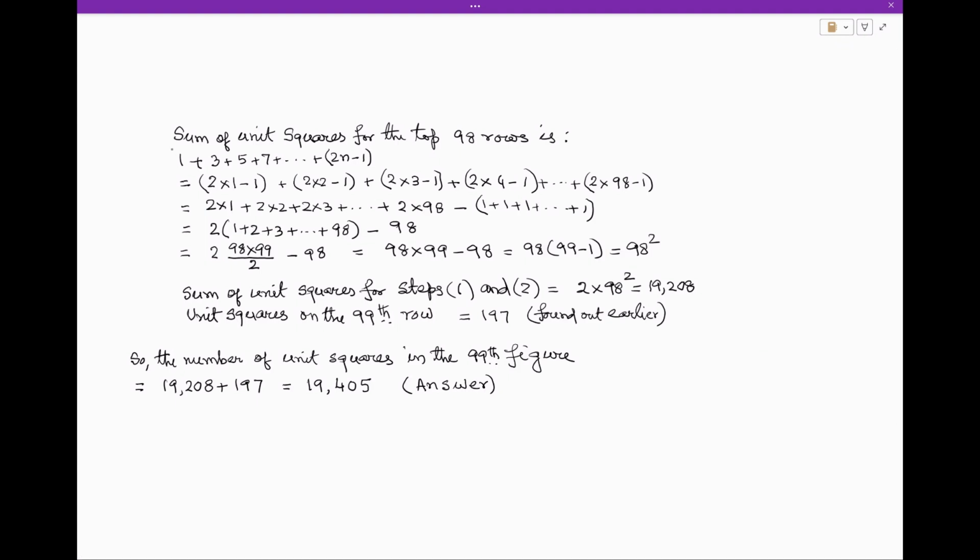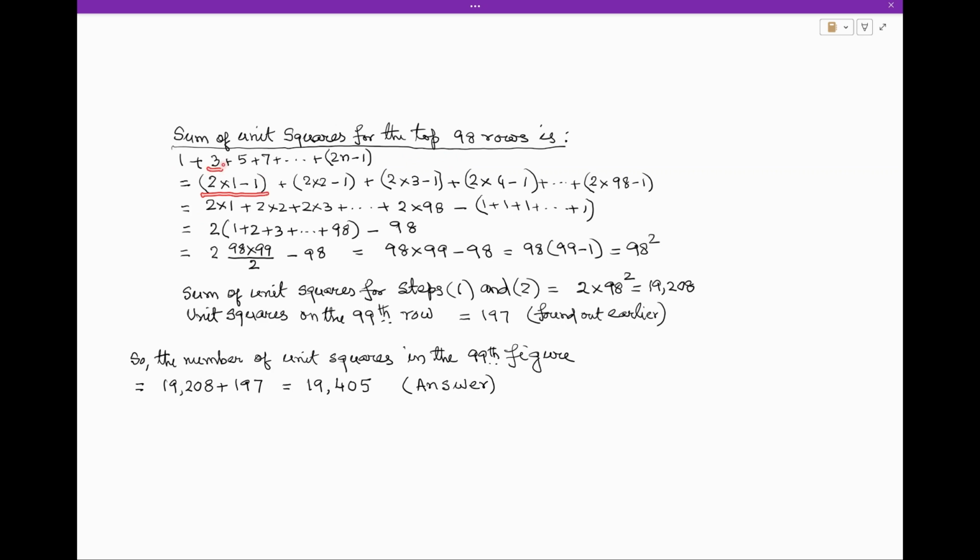The sum of the unit squares for the top 98 rows is 1 plus 3 plus 5 plus 7 until 2n minus 1, where n is equal to 98. That is, the first one is 2 multiplied by 1 minus 1.